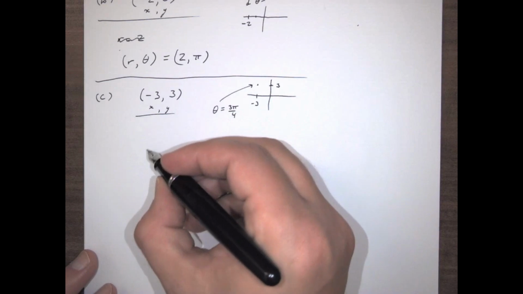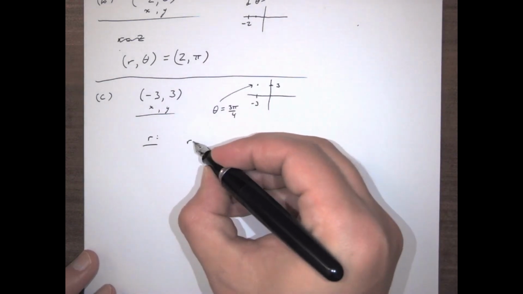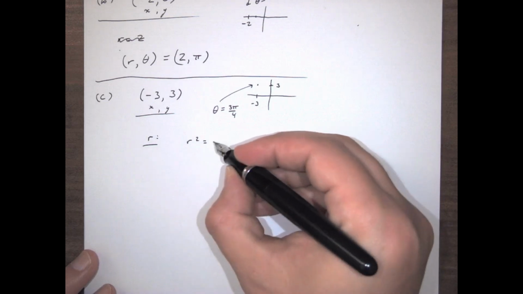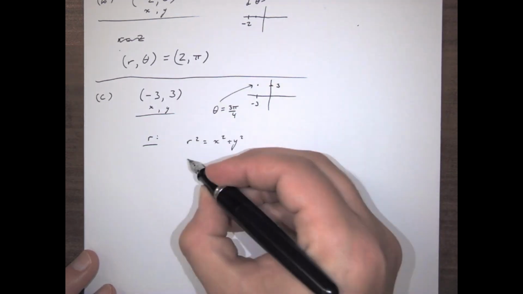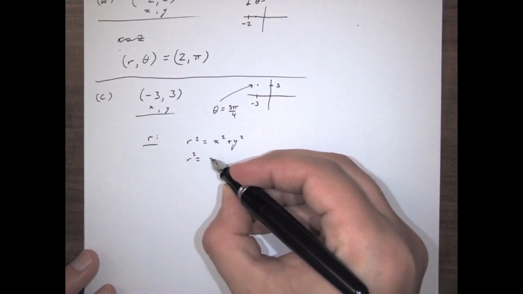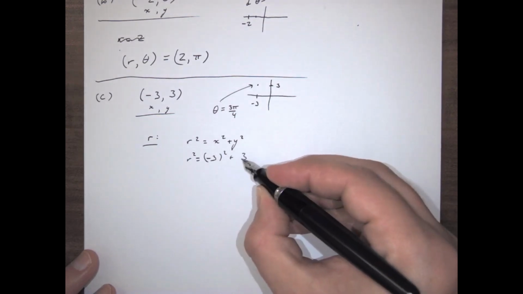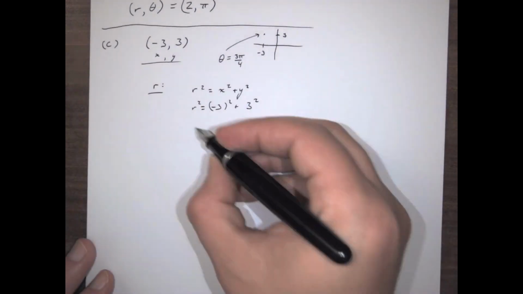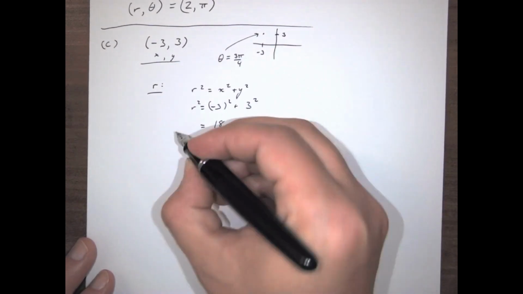Now, as for the r, to get that, we're going to use the Pythagorean Theorem. So r squared equals x squared plus y squared. That's going to be r squared equals negative 3 squared plus 3 squared, which is positive 9 plus another positive 9 for a total of 18.